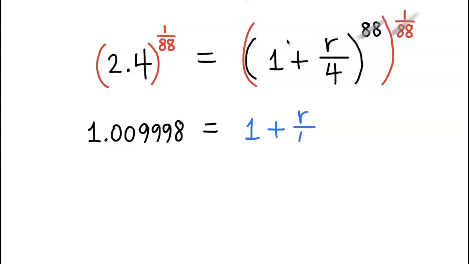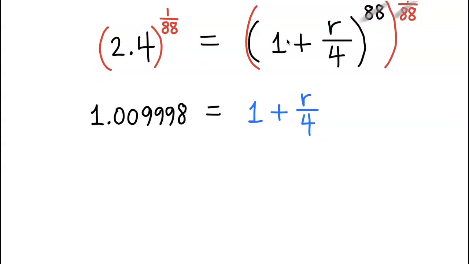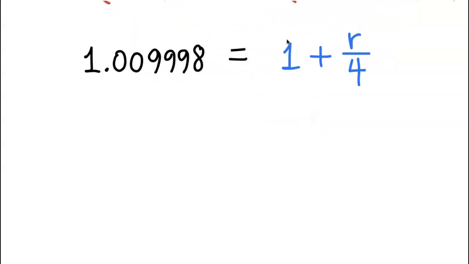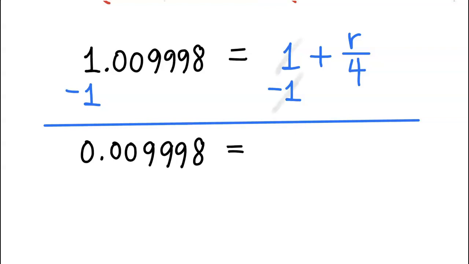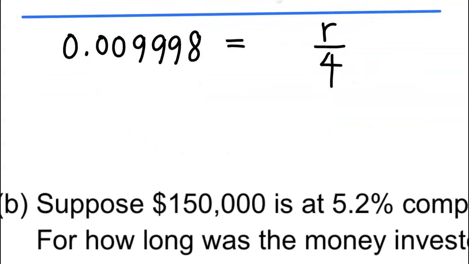We're 2 steps away. Now let's go ahead and subtract 1 from both sides. Then we're going to get 0.009998 equals, now this 1 is gone, r over 4. r is getting divided by 4, so to cancel out the division, we're going to multiply both sides by 4.